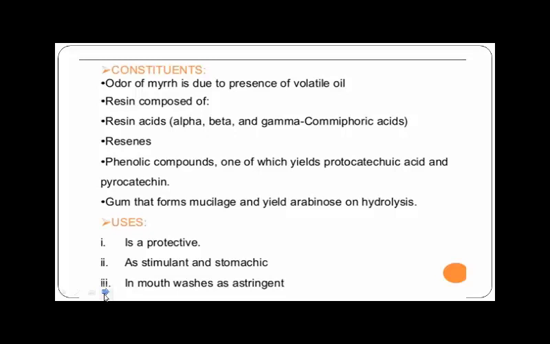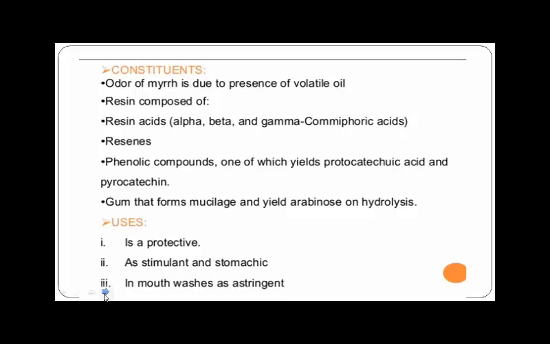The resin of this myrrh is composed of resin acids, that is alpha, beta, and gamma commiphoric acid, and it also has resenes, whereas the phenolic compounds include protocatechuic acid and pyruvate. It also has gum because it is an oleogum resin, and gum that forms mucilage and yields arabinose on hydrolysis is present.